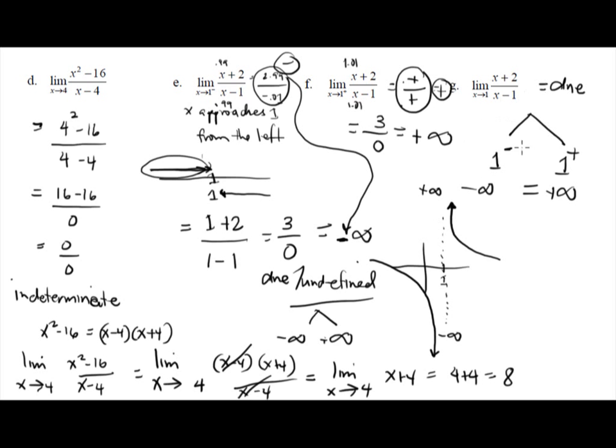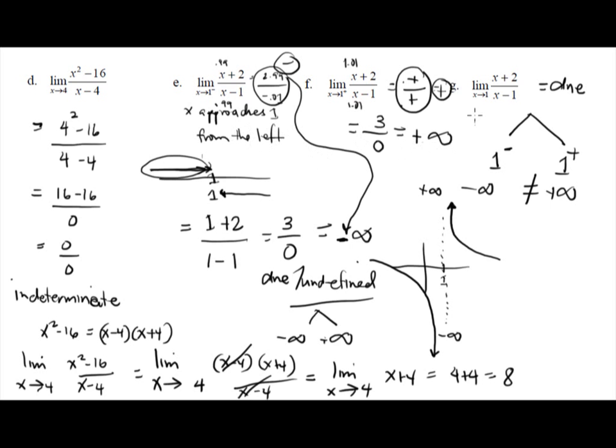You cannot conclude whether the limit is really positive infinity or negative infinity. Okay, so these two are not the same, so the limit does not exist. You simply say the limit does not exist. But in some cases, what if this is positive infinity and this is positive infinity?